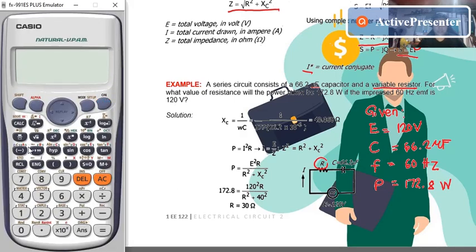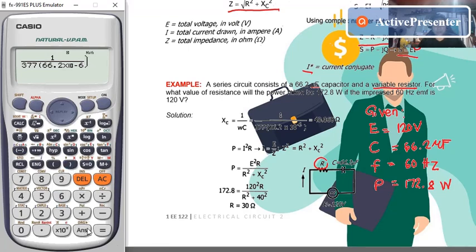So we substitute 1 over 377, which we get from 2 pi f with f equal to 60 Hz, multiplied by 66.2 microfarad, which is 10 to the negative 6.